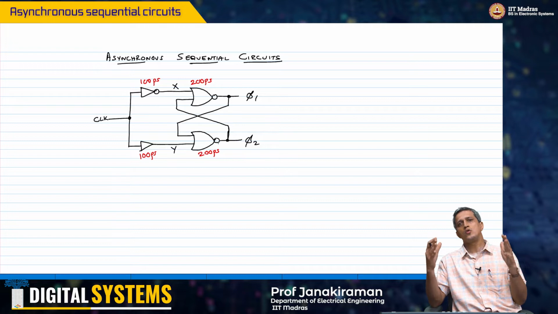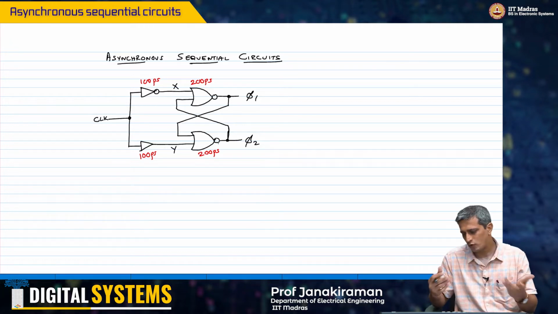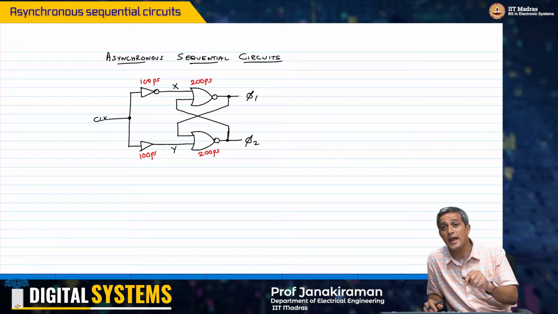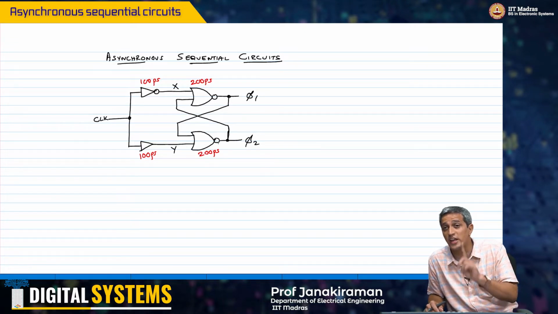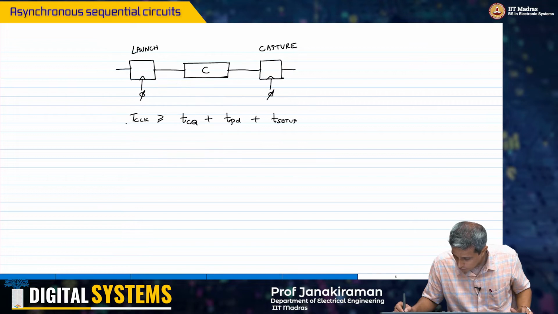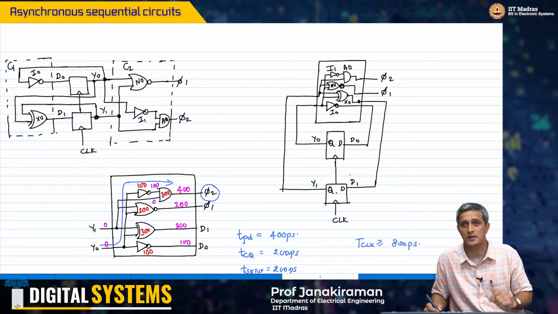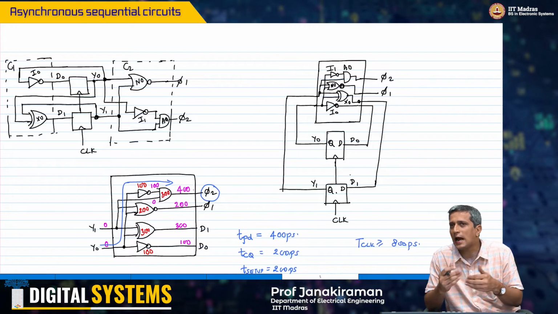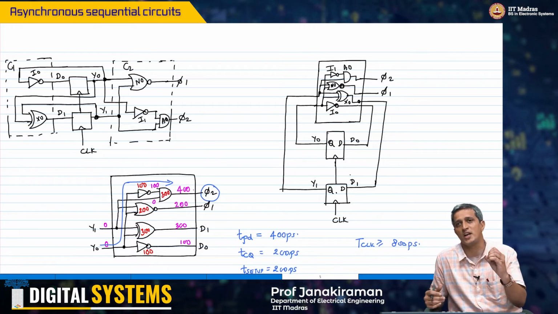So when you are going to analyze such a circuit, remember that the delay of these components is very critical. Actually, in the previous case, these synchronous sequential circuits, I could even analyze functionally with zero delay, right?